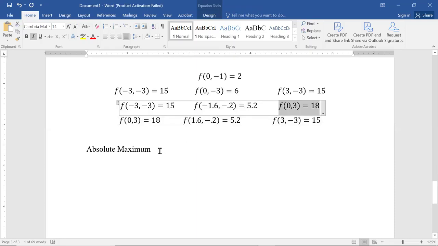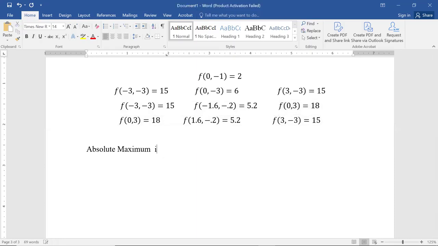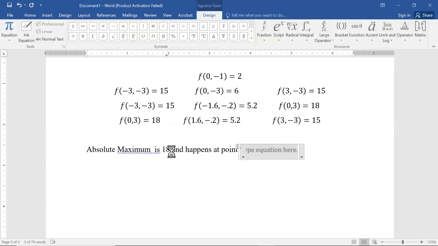And so the absolute maximum is 18, and that happens at point 0, 3.